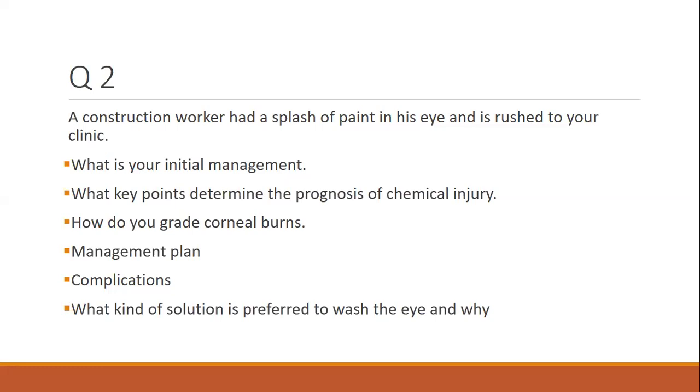We should not give prostaglandin analogs, and we should not give dorzolamide, the carbonic anhydrase inhibitors, because we don't want any effect on the endothelium. So we will give either beta blockers or alpha agonists like brimonidine. Yes, alpha adrenergic agonist is a better option.